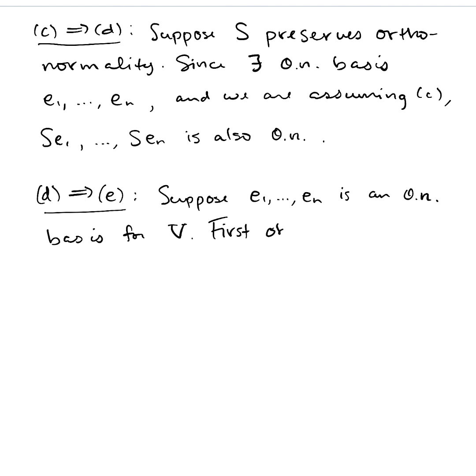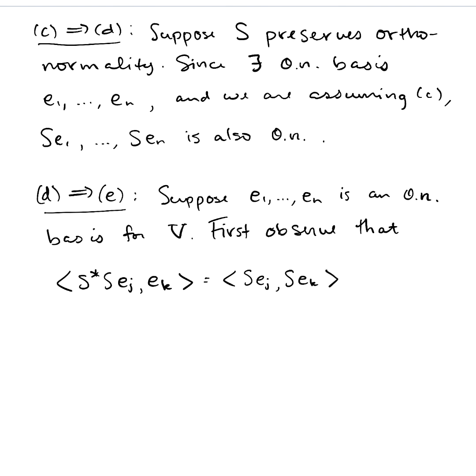So first observe that if you look at the inner product of S star S Ej with Ek, where the E's come from this supposed orthonormal basis, E1 through En, by definition of adjoint, that's the inner product of SEj with SEk.